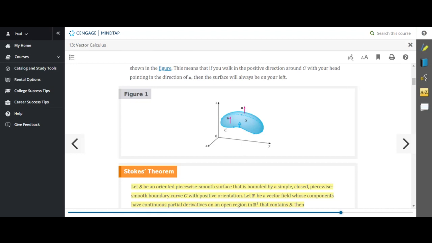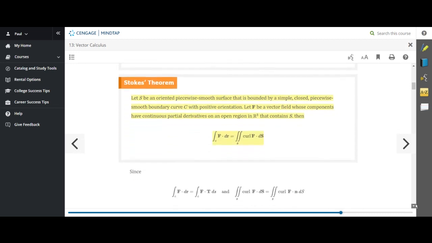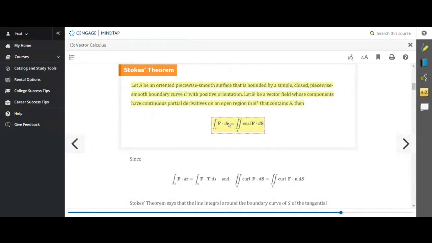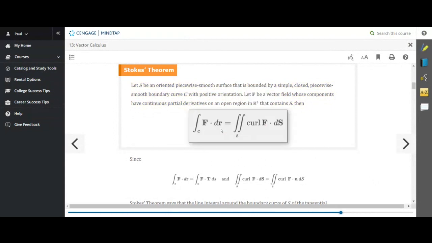And we are interested in the work that a vector field does in moving a particle once around that closed path. Stokes' theorem gives us a way to find that work. This is Stokes' theorem right here.